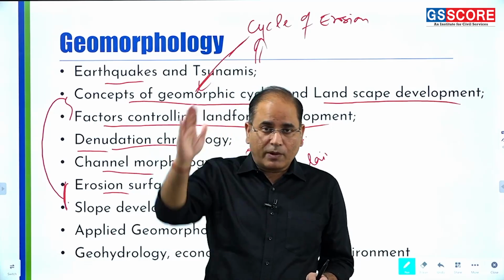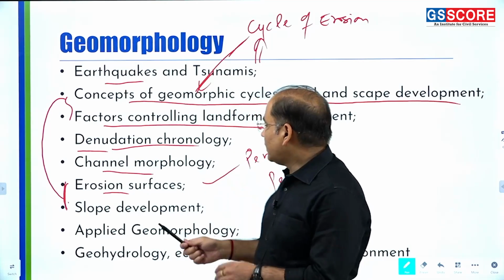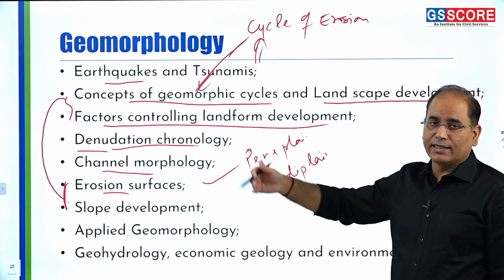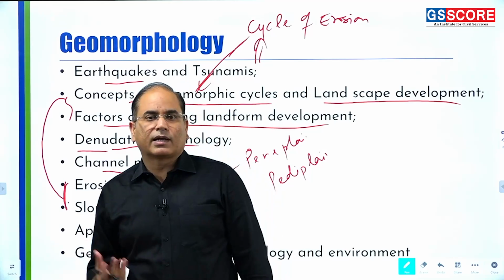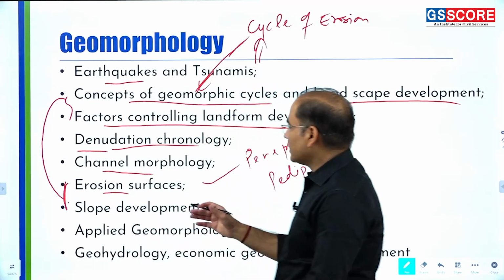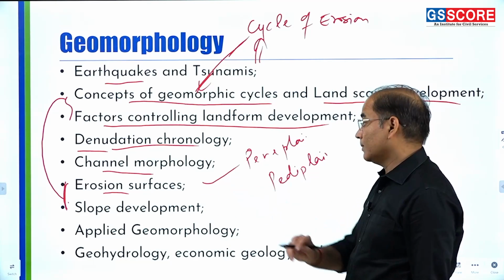So the slope of the landform, be it mountain or plateau, will change, and that is associated with slope development. There have been different ideas given. The prominent ideas are the slope decline concept, the slope parallel retreat concept, and the slope replacement from below concept. These are some of the concepts that you will study in slope development.